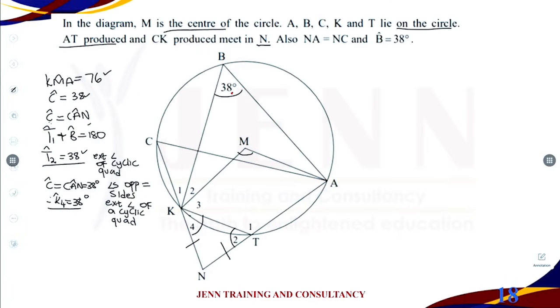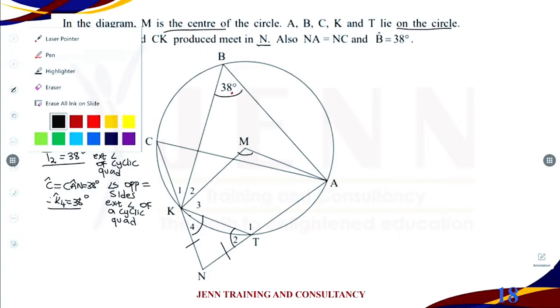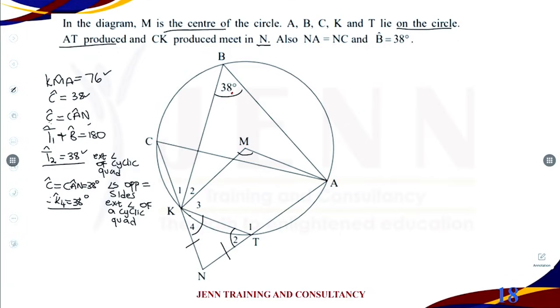So when I go back to my diagram, I am going to check where AMKN lies. Remember, you are supposed to prove that this AMKN is your cyclic quadrilateral.